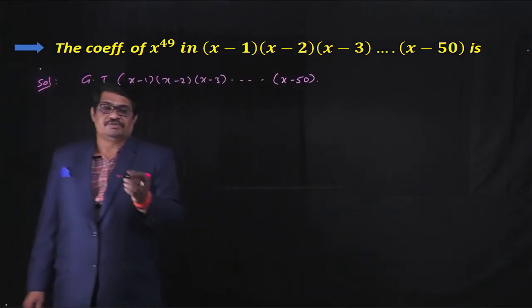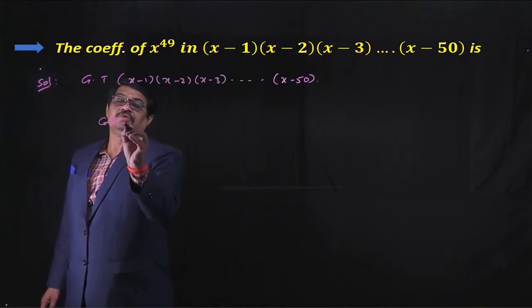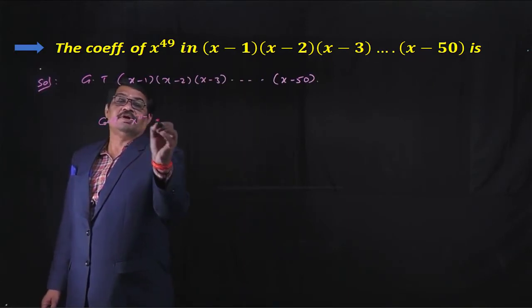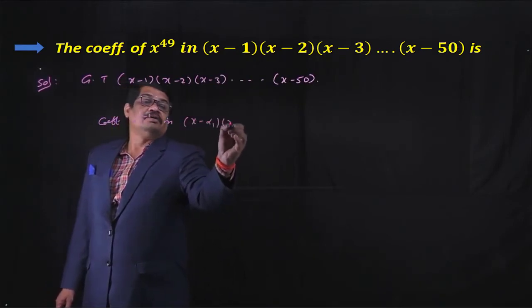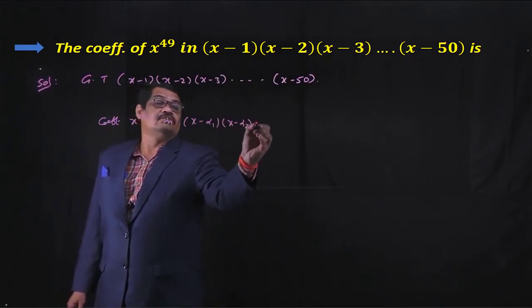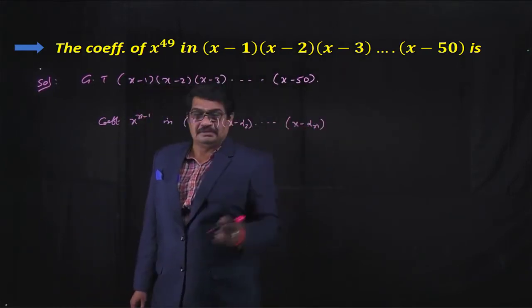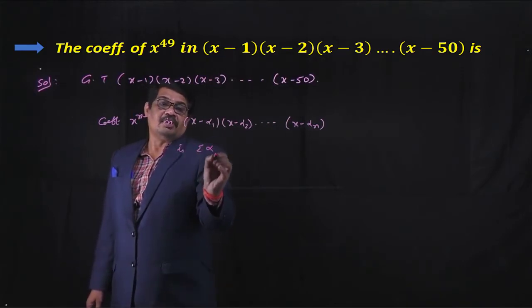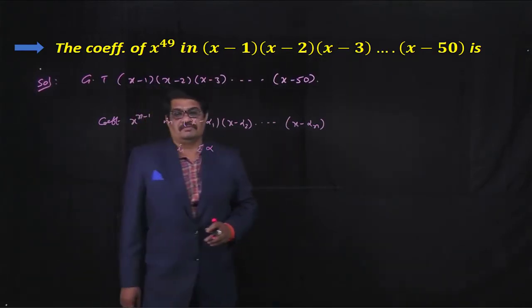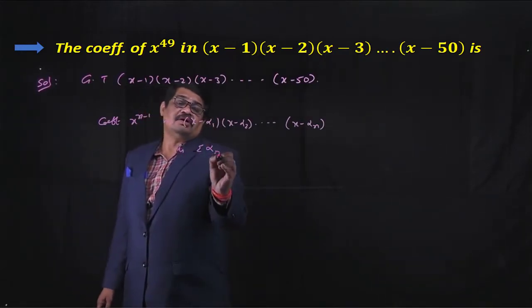Using this formula, the coefficient of x to the power of n minus 1 in (x minus alpha 1)(x minus alpha 2) and so on, (x minus alpha n) is minus sigma alpha r, where r is 1 to n.